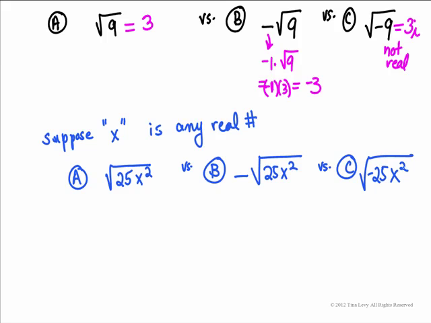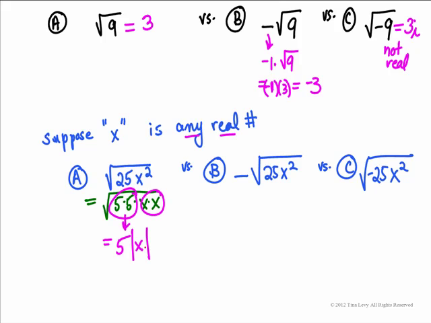This first one, we know the factors of 25 are 5 times 5. We've got the two x's. Normally, out would come the 5. Out comes the x. But because x is any real number, we have to make sure the answer is positive. So we put the absolute value.